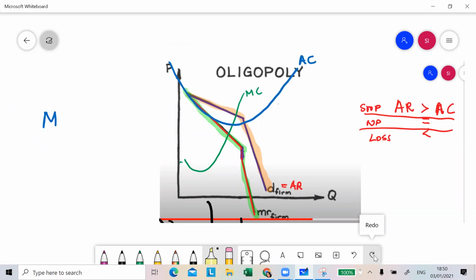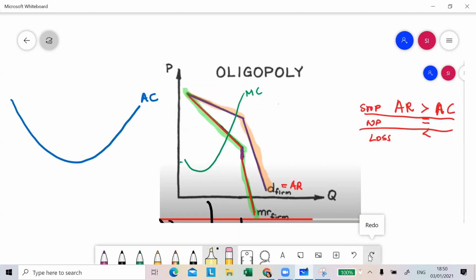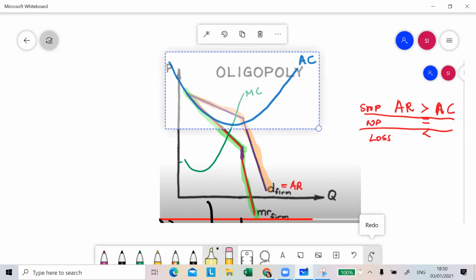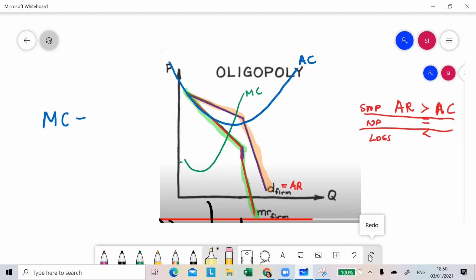Are we going to keep it above, below, or on top of AR? Since we are going to do supernormal profit, we'll make sure that the average cost is below the purple curve, which is the AR curve. And the MC should cut the lowest point of AC. And the rule is marginal cost equals marginal revenue.